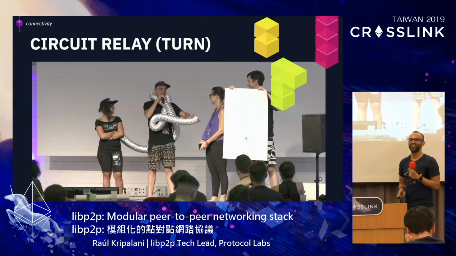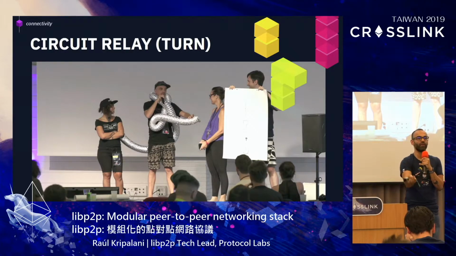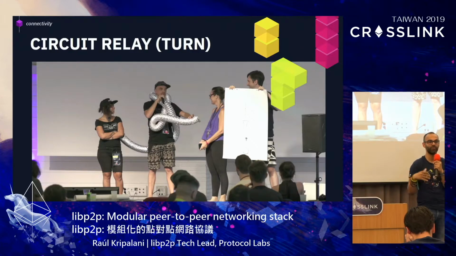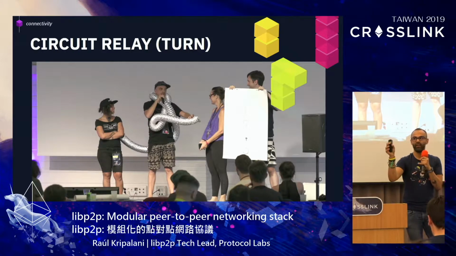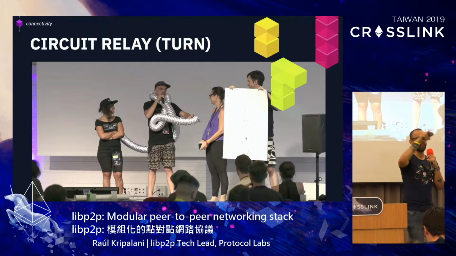Right. So another thing that the libp2p stack provides is relaying. So in many cases, 2 peers around the world will not be able to immediately interact with one another because one of them is sitting behind a NAT, right? So circuit relaying is a feature that allows 2 peers to interact with one another via a 3rd peer in a secure fashion, right?